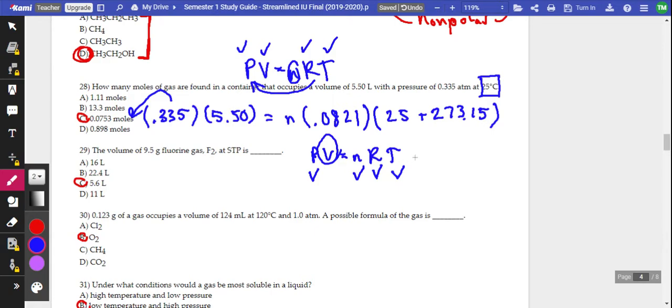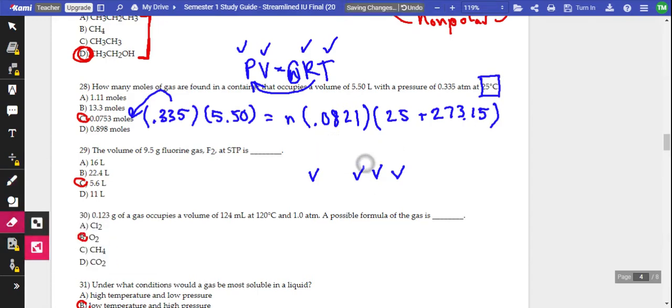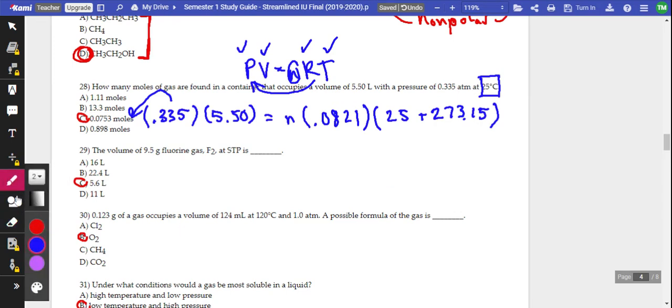Because the math is basically the same as this, all we'd have to do is take this 9.5 grams and use the molar mass of F2 to convert it into moles, and then we just plug and chug. But let me show you the shortcut. This only works when we are at standard temperature and pressure, because it's a nice, easy relationship between all these things. If we know the temperature and the pressure, and we have a certain number of moles of gas, everything else is controlled, so it has to fit a certain volume under those conditions.